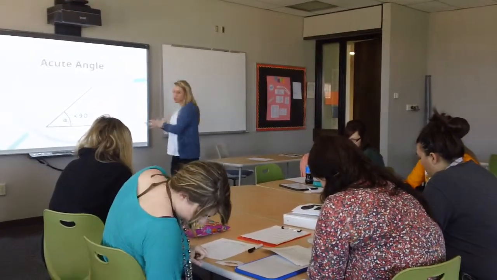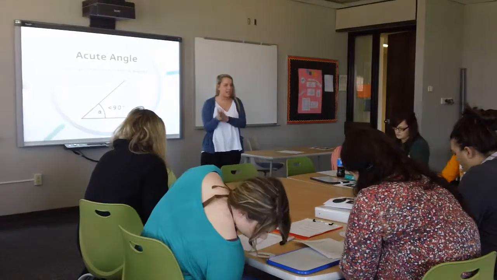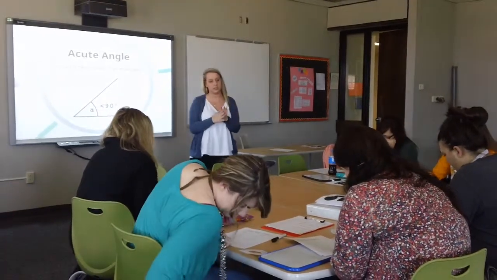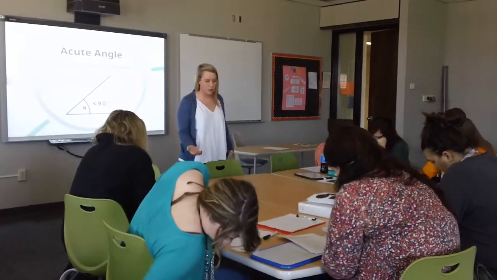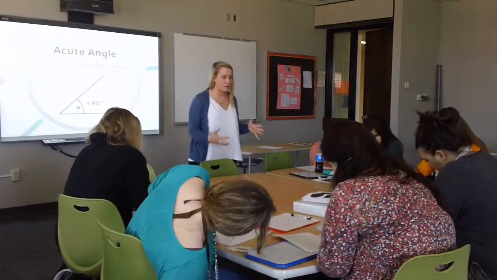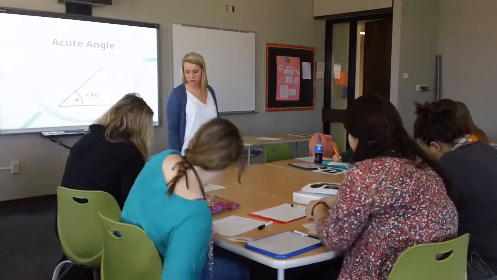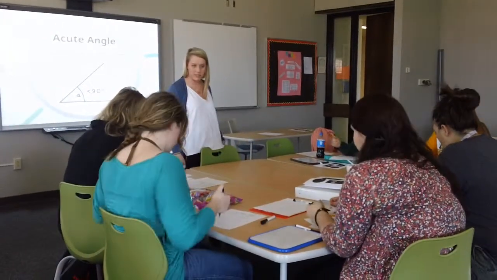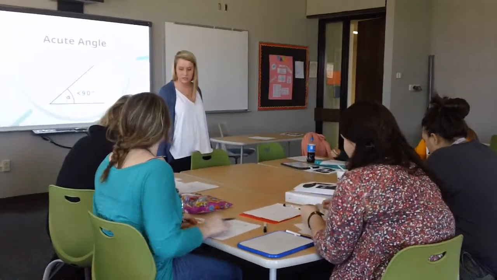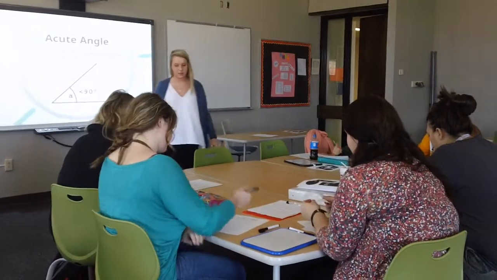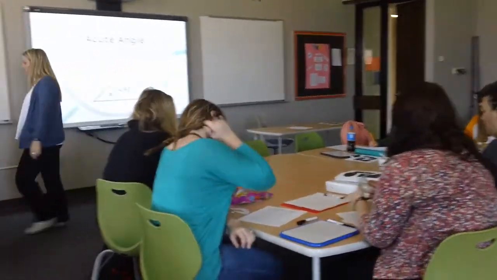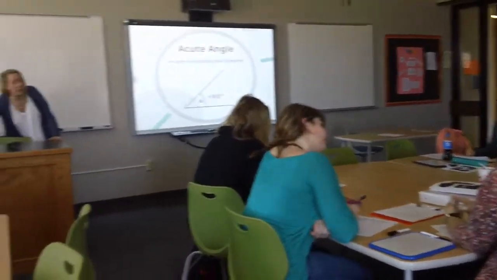An acute angle is the first angle we're going to talk about, and it is less than 90 degrees. So look at your protractor. Find all the numbers that are less than 90 degrees. Do you all see that? All right, what's another type of angle?